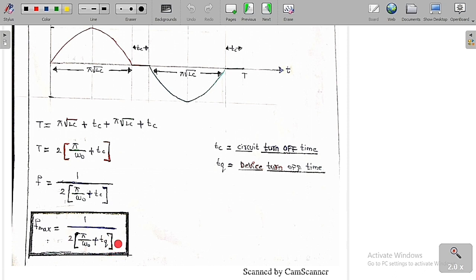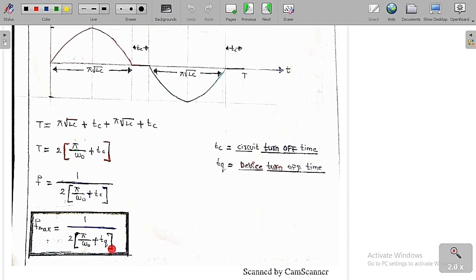If the denominator is lower, then only the overall value will become maximum. So the denominator will be minimum only when TC is equal to TQ, but practically TC will always be greater than TQ. But we are going to assume, if you want the maximum value, you have to go for TC equal to TQ.